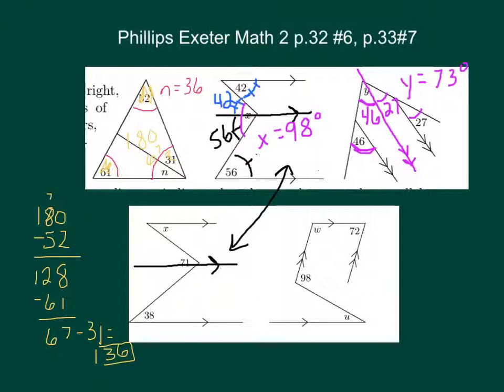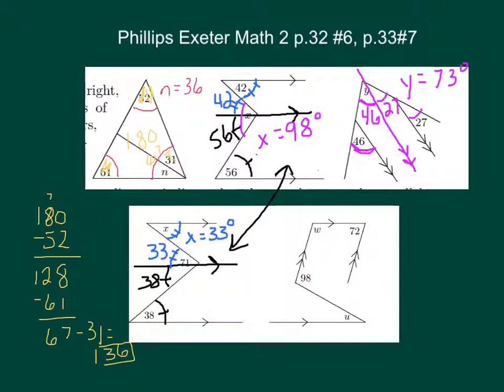Now because that was 71, this is 38, and that has to be 38 because of alternate interior angles, which means we could subtract 38 from 71 to get this angle right here. So 71 minus 38 is 33 degrees, and that is an alternate interior angle with x, so x would have to be 33 degrees.